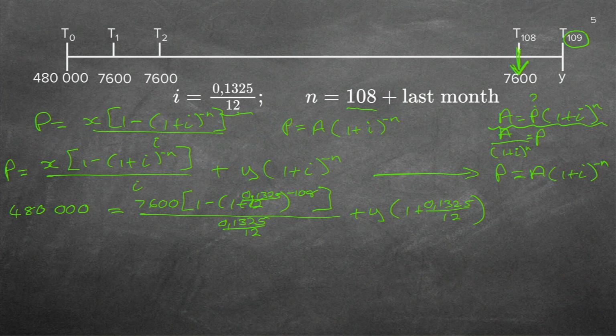So that will be minus 109. So that will include the 108 months plus the one last month, which then lands to be 109. Because remember, in our original sum, they said you are taking 109 months to pay back your loan. So I have the n, and I know I have to always use it over the full period.